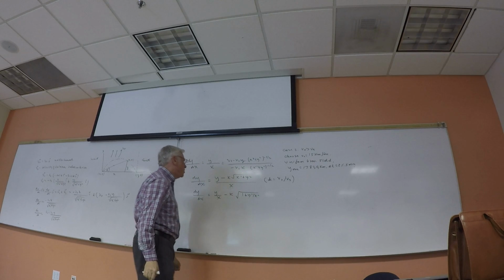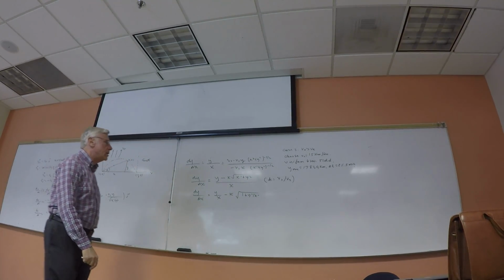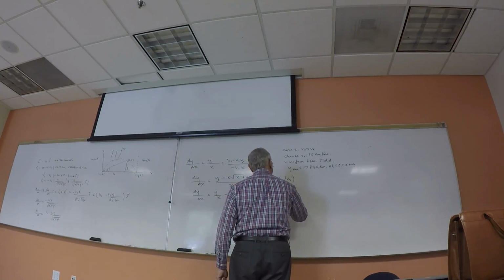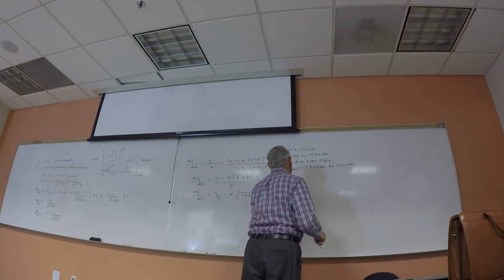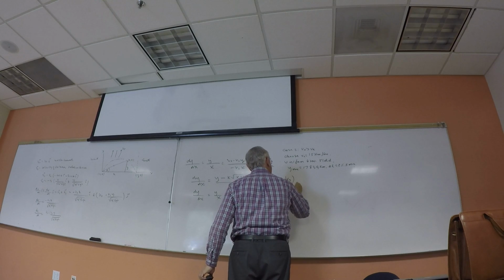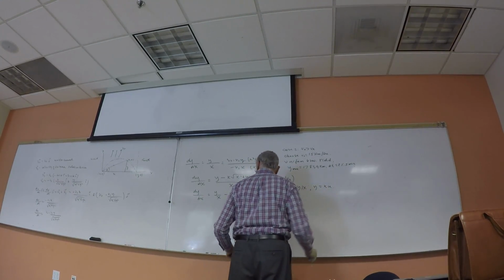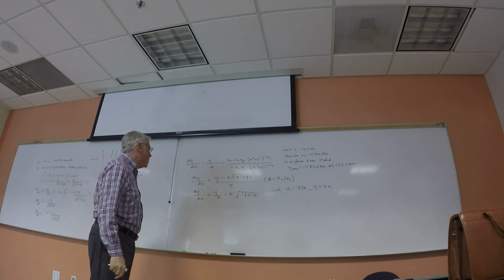This ratio y over x is basically what's going on here. So you know what we do: let u equal y over x, or y equals xu. That will make everything in terms of u now.